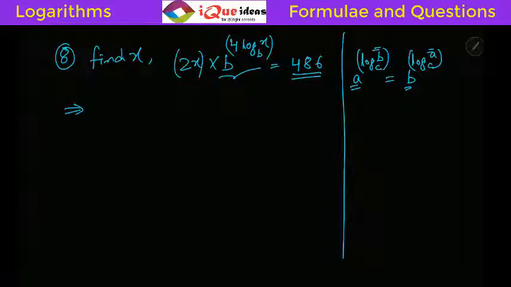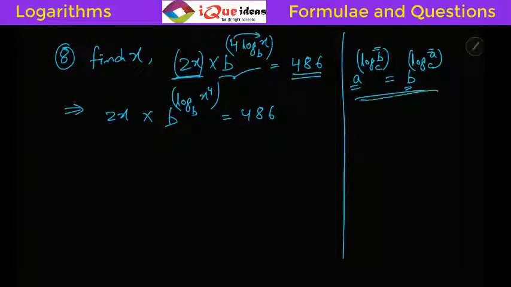This means this 2x remains as it is into, first let me put it this way, this 4 goes inside, so it becomes b to the power log x raised to 4 to the base b, right? And this whole thing is equal to 486. Now look at this.